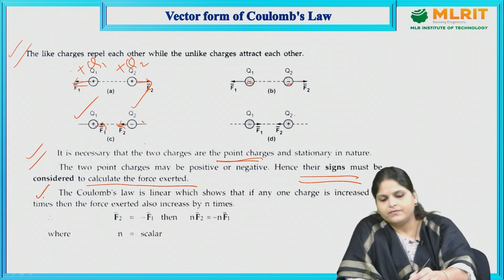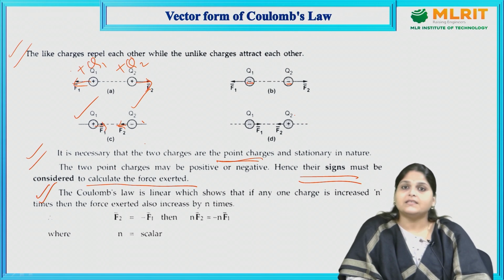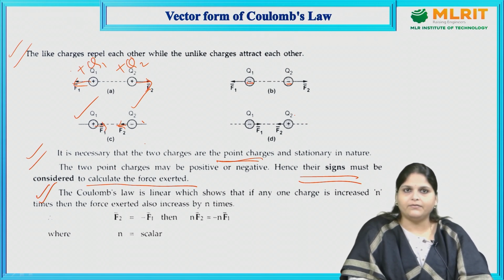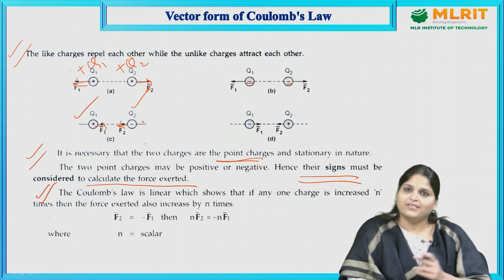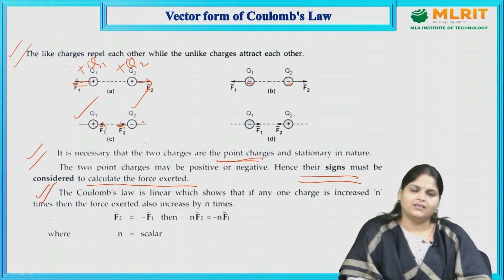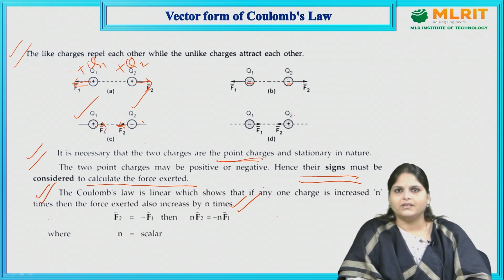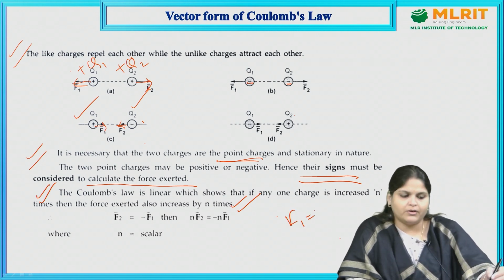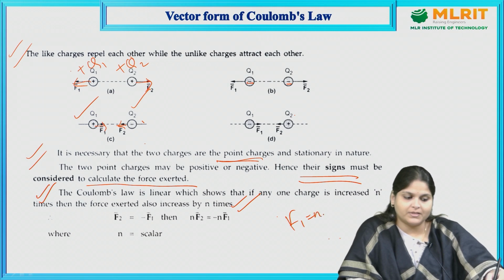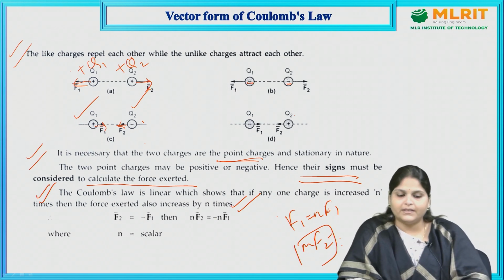Another thing which we must know is that Coulomb's law is linear, which shows that if any one charge is increased by n times, then the force which is exerted will also be increased by n times, right? So, F1, because of that n times increment, it becomes nF1, and F2 becomes nF2, right?